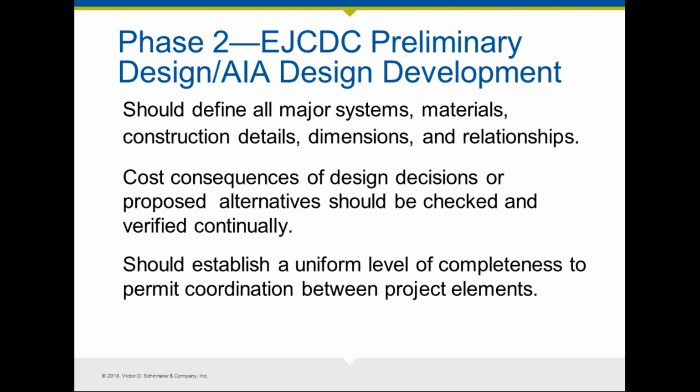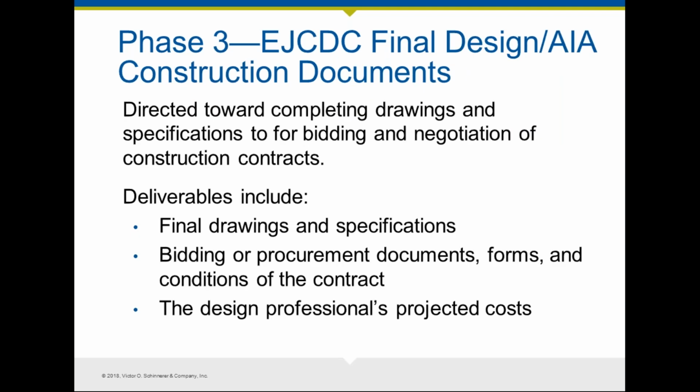So at the end of design development or preliminary design, there should be a uniform level of completeness between different components, so that it's clear what the structural solution is, what the mechanical solutions are, and so on, and that they work well together. Once the owner signs off on that, you're now in your final design or construction document phase, directed towards completed drawings and specs.